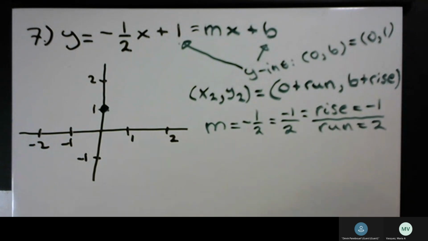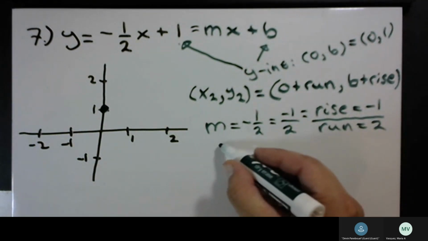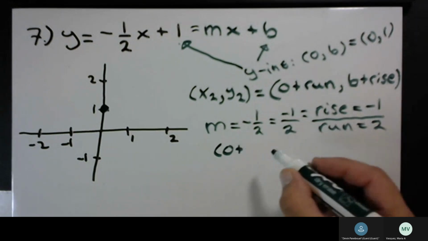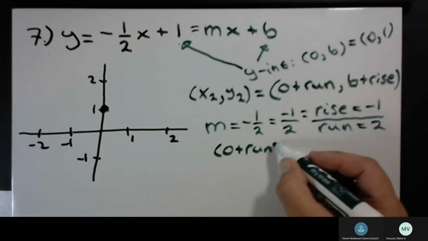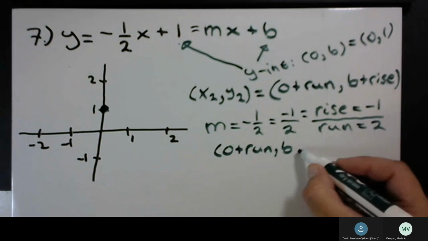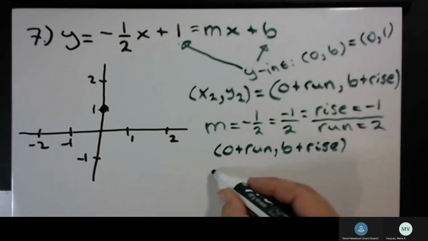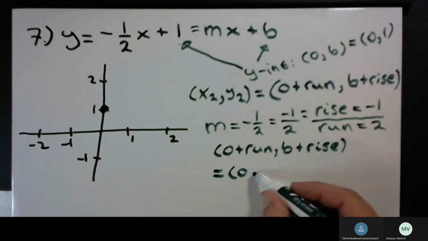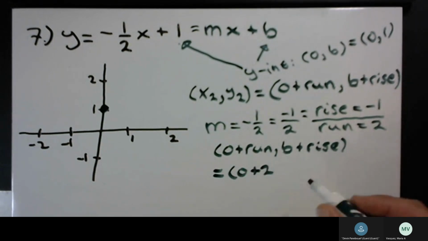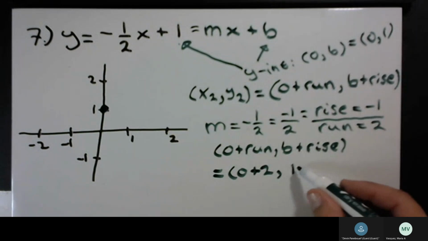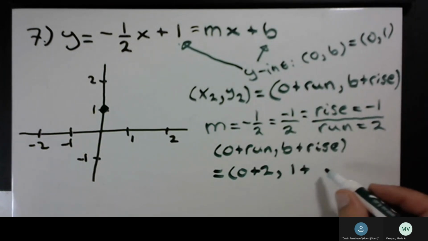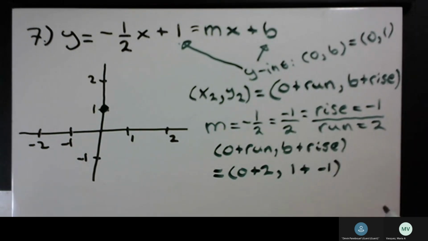And so that means for a second point, 0 plus run, comma, b plus rise, this will become 0 plus 2, comma, 1, because b is 1, plus -1, or 2, comma, 0.